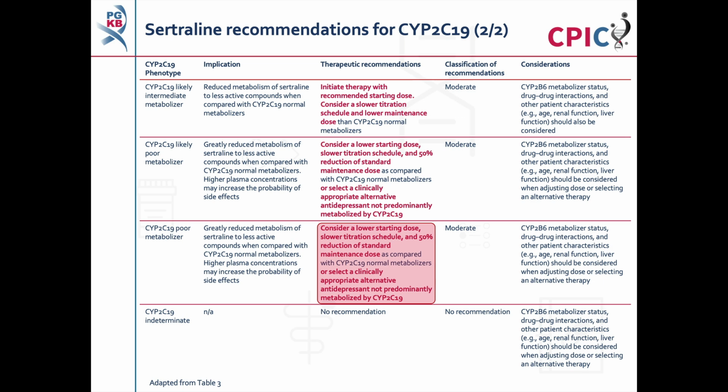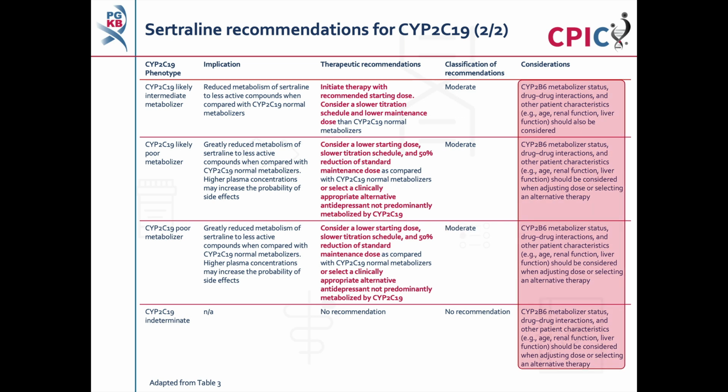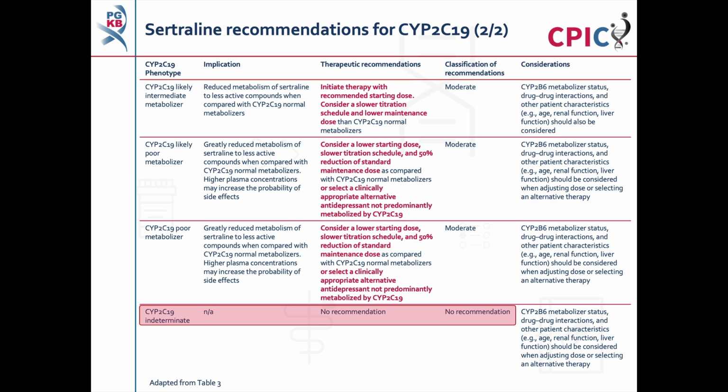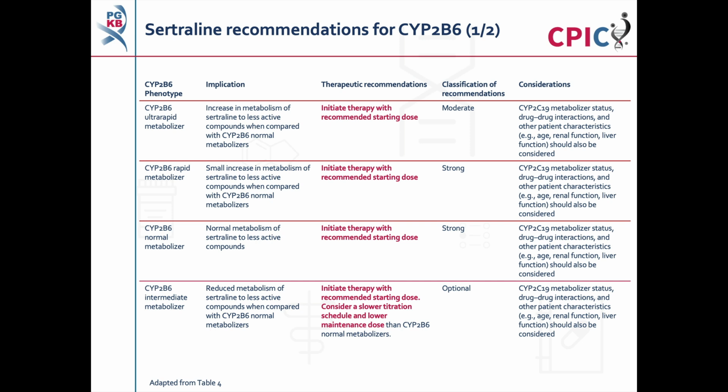Alternatively, a clinically appropriate antidepressant which is not predominantly metabolized by CYP2C19 can be selected. This is a moderate recommendation. CYP2B6 metabolizer status, drug-drug interactions, and other patient characteristics should be considered when adjusting dose or selecting an alternative therapy. There is no recommendation for patients with a CYP2C19 indeterminate phenotype.